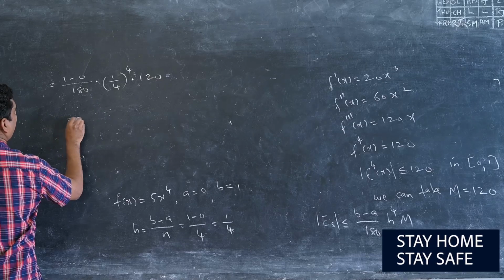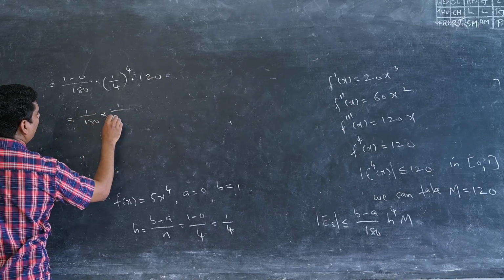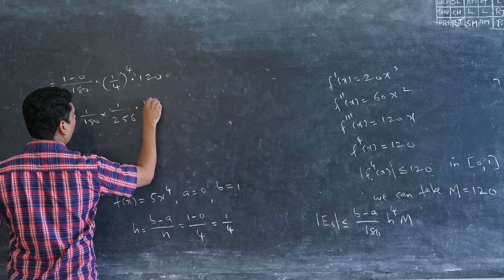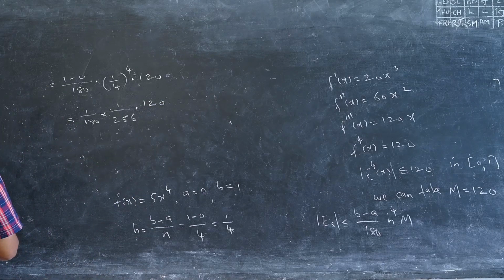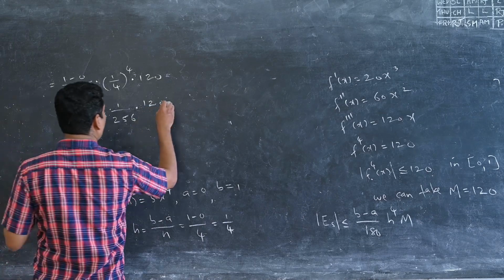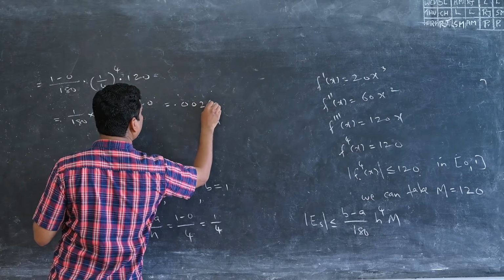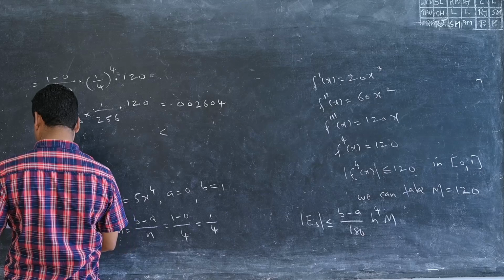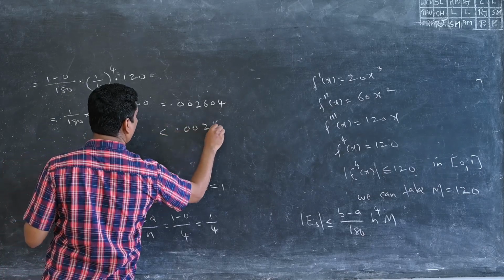It is 1 by 180 into 1 by 4 raised to 4, which is 256, into 120. So the value of this is 0.002604, which is less than 0.0026.